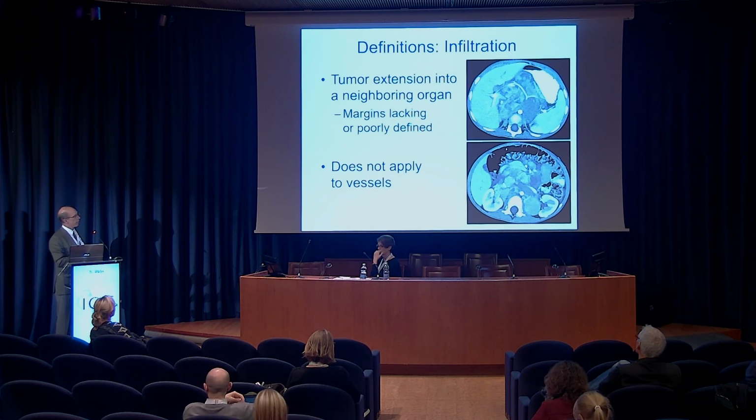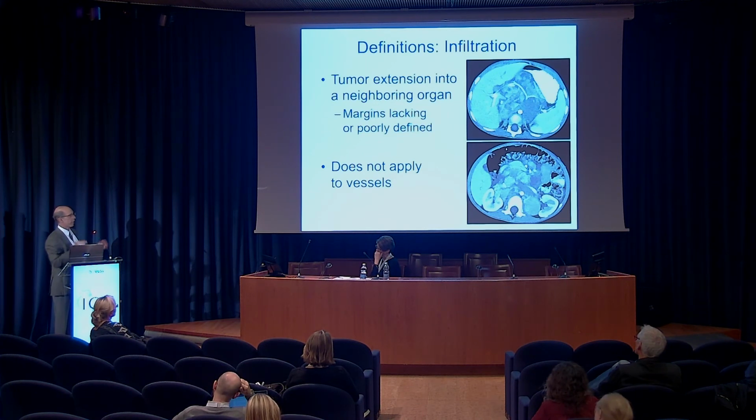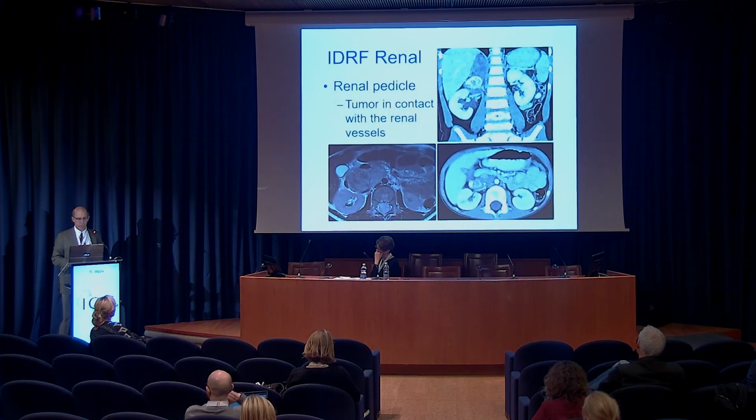In this case, we can't define a margin between the tumor and the undersurface of the liver. So that tumor is infiltrating the liver as shown by this nodular wavy surface to the liver, as opposed to those other cases where I showed you the tumor was just making contact with the liver but wasn't actually encasing the liver. And similarly here, it's encasing the renal vessels and infiltrating into the renal hilum. So that's tumor infiltration.